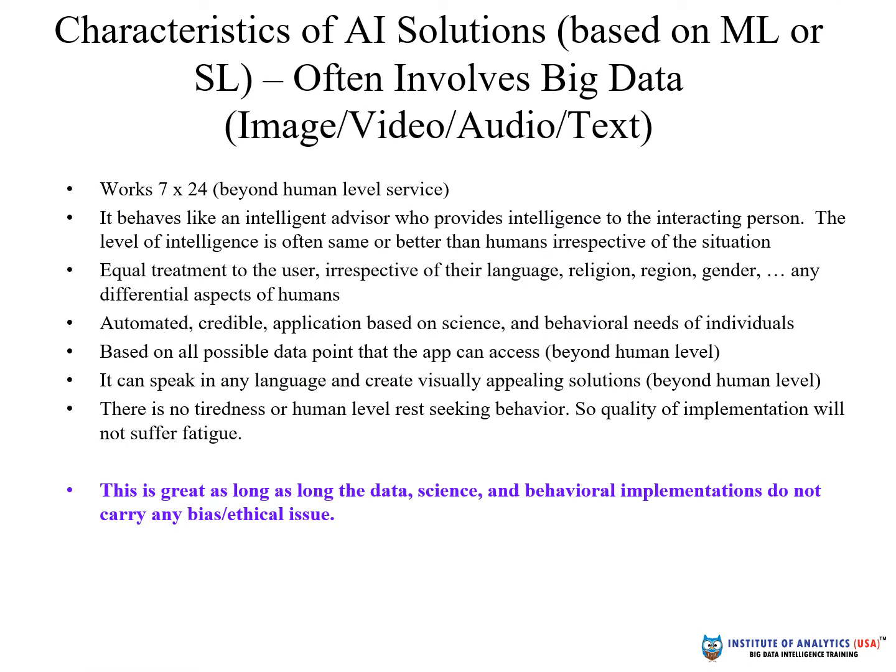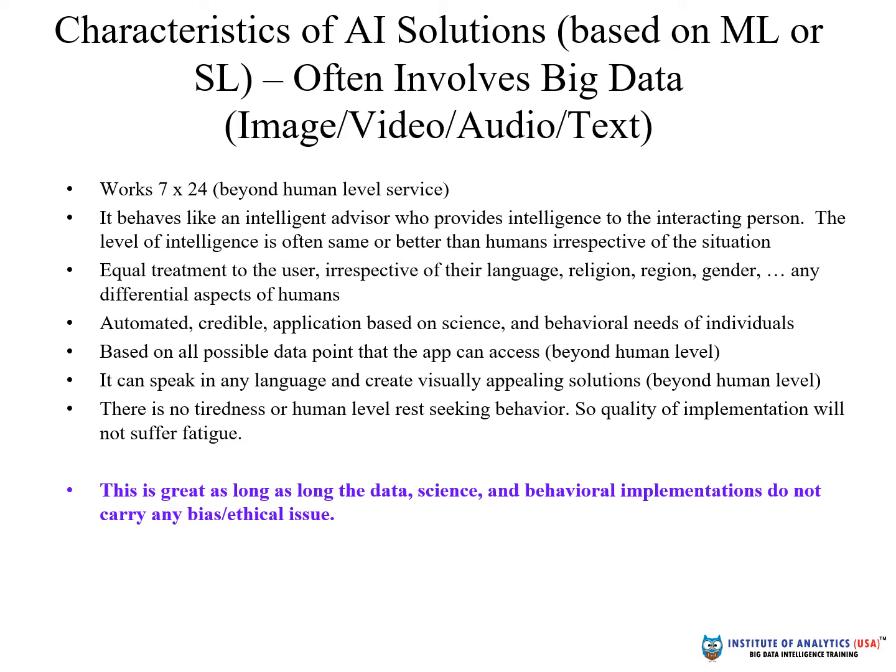So, what are the characteristics of AI solutions based on ML or SL? I mean, machine learning or statistical learning, in addition to ANN, that is artificial neural networks. So, what are the characteristics of AI solutions? It often involves big data, which means images, videos, audios, and text.